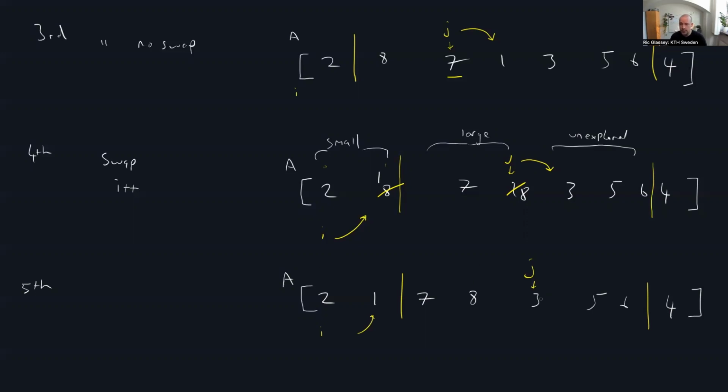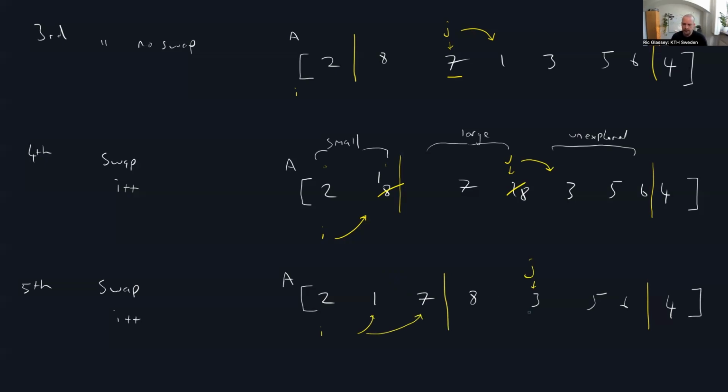So we ask, is what j is pointing at less than the pivot? 3 is less than 4. So we have another swap. Once we have a swap, we then have to increment I. So then what we see is this actually moves along.